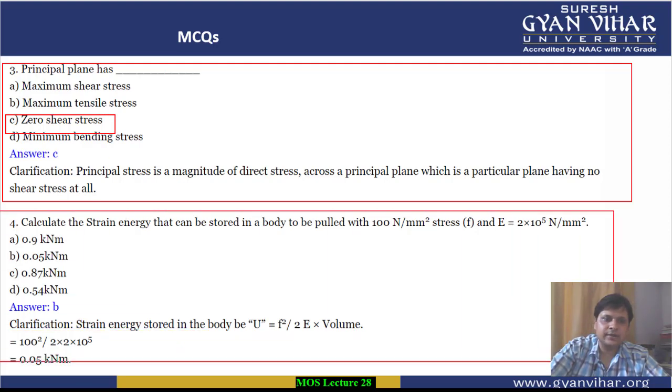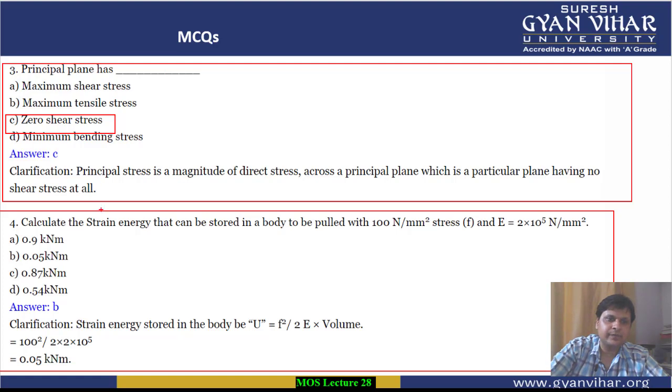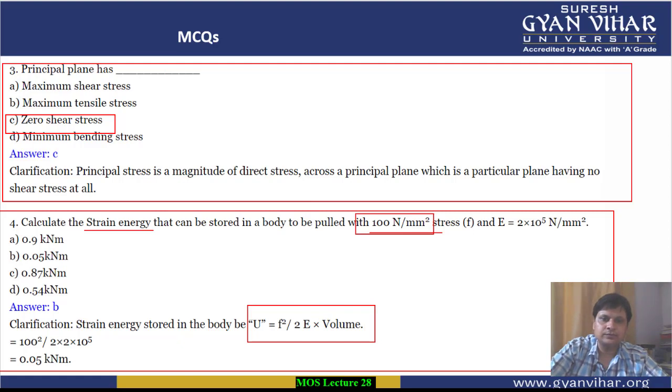Question 4. Calculate the strain energy that is stored in a body being pulled with 100 Newton per mm square. So 100 Newton per mm square is your value of stress, and you have to calculate the strain energy. The formula we all know: strain energy is equal to stress sigma square upon 2E into volume.